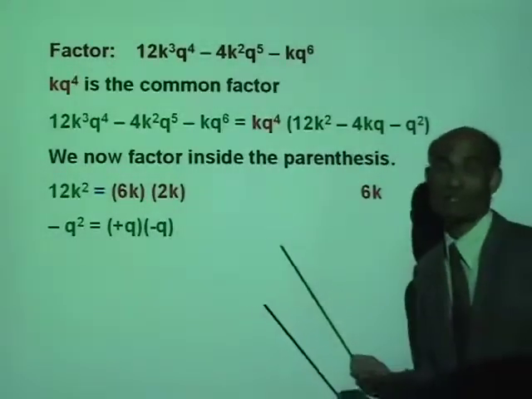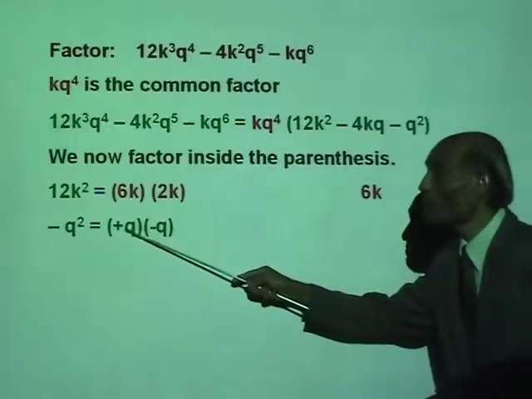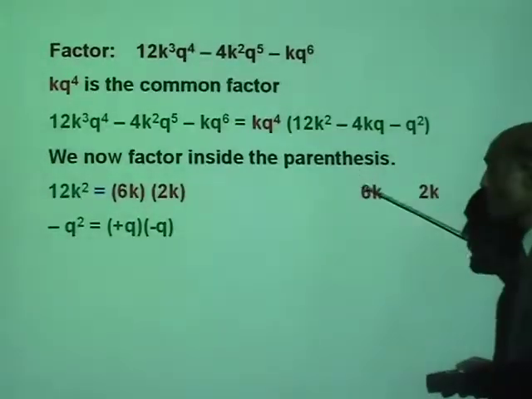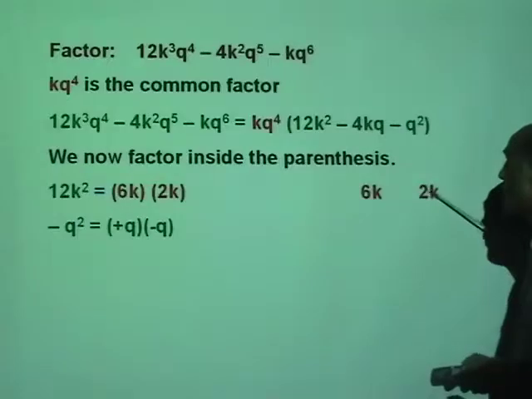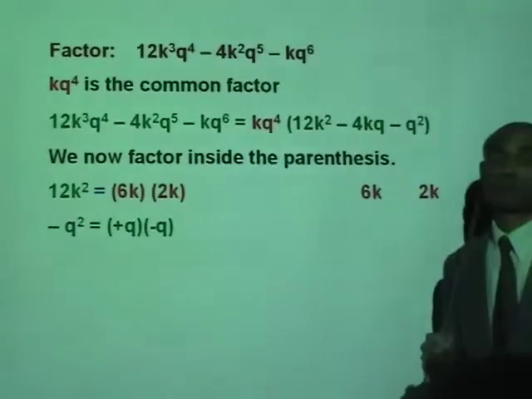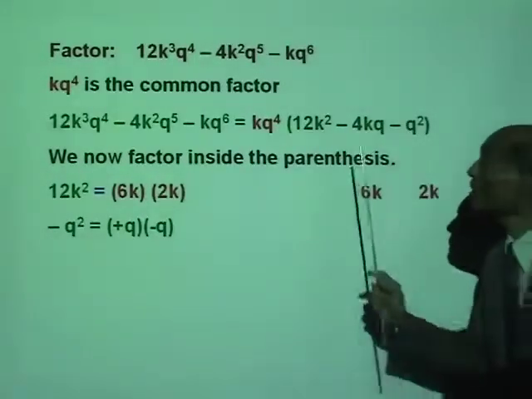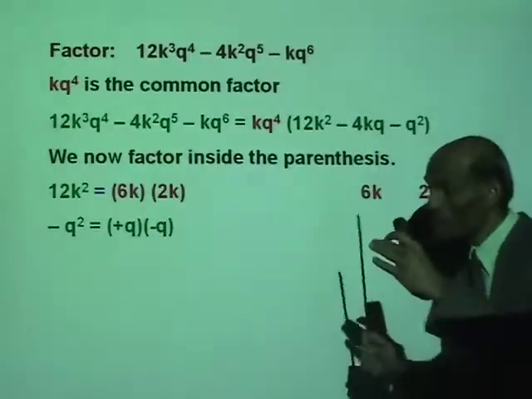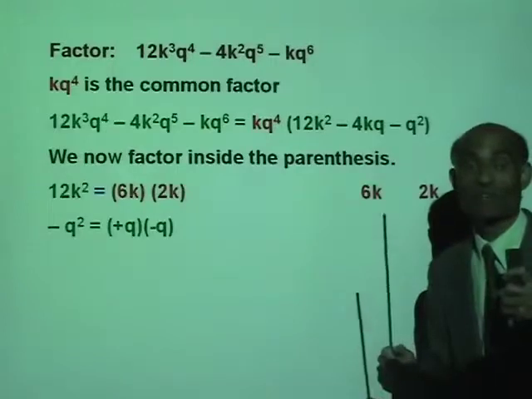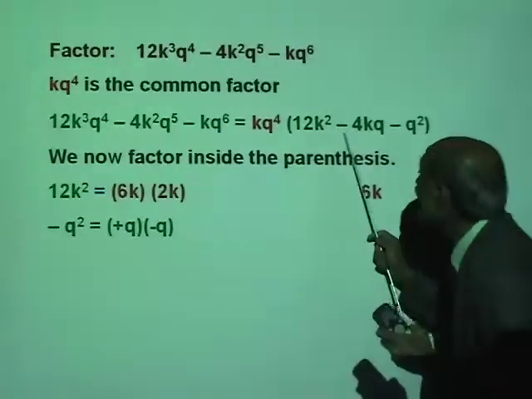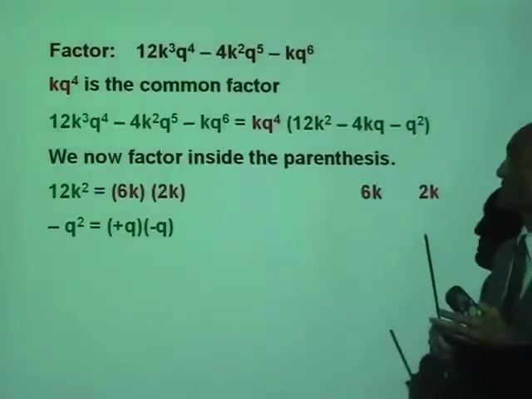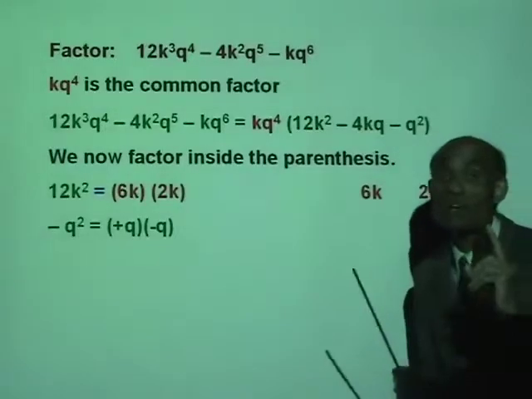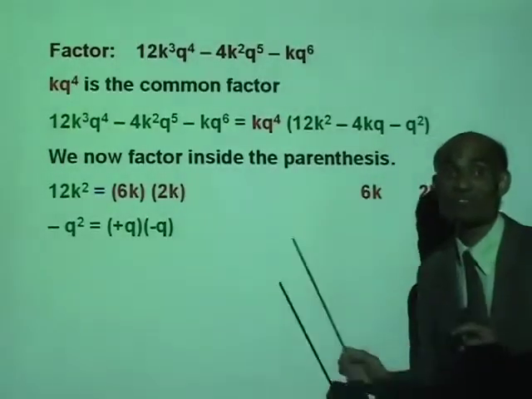Now the question is, where do I write this positive q? Do I write it below the 6k or below the 2k? Well, the clue is, look at the middle term. When you multiply and add, you must get negative 4k cubed. That means the bigger number must be negative.